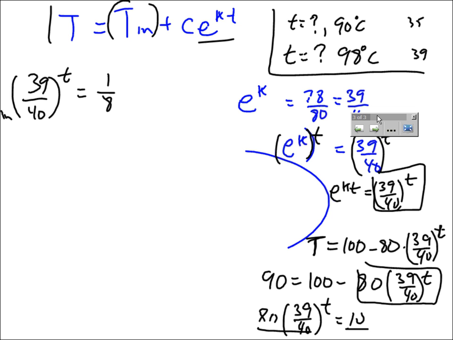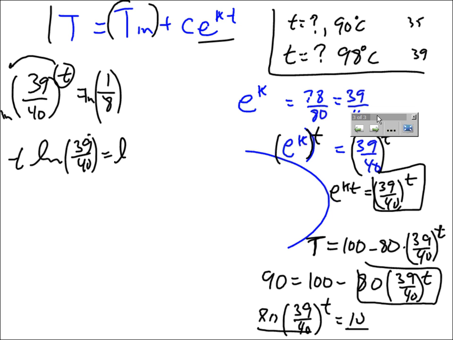I take ln of both sides. When I take ln of the left side, that power comes in front. So t times ln of 39 over 40 is equal to ln of 1/8. Divide by what you don't want. You don't want the ln of 39 over 40, just want t. Do the same to the other side.